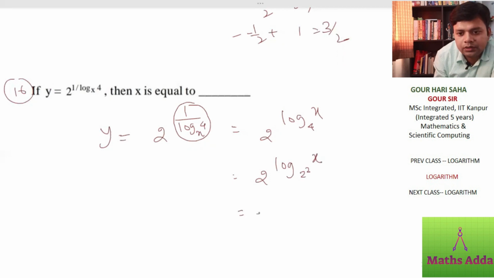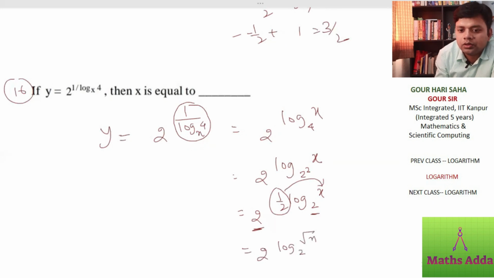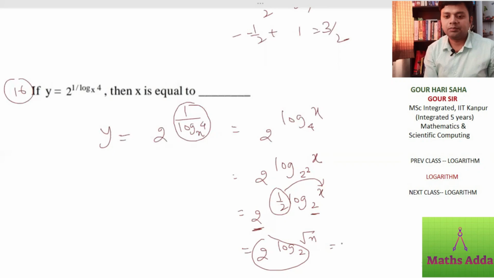So this is 2 to the power 1 by 2 log x base 2. Now this is good, 2 and 2. The only thing is this half, so bring this half inside. This is 2 to the power log of root x base 2. Now what is the format? E to the power log of x base e. So it is simply root x.